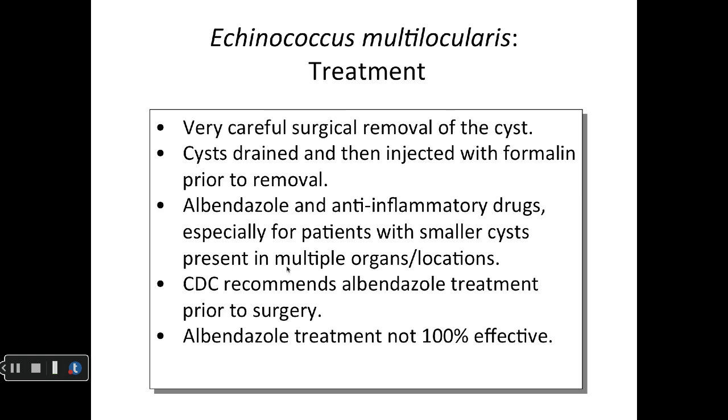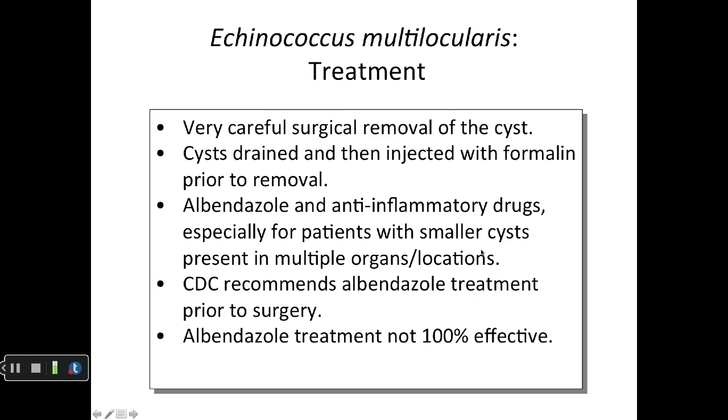Just like with Echinococcus granulosus and hydatidosis, the treatment is very similar, in fact identical. It requires very careful surgical removal of a cyst, draining the cyst, injecting with formalin prior to surgical removal, albendazole treatment prior to surgery, as well as anti-inflammatory drugs, which is the CDC recommendation.